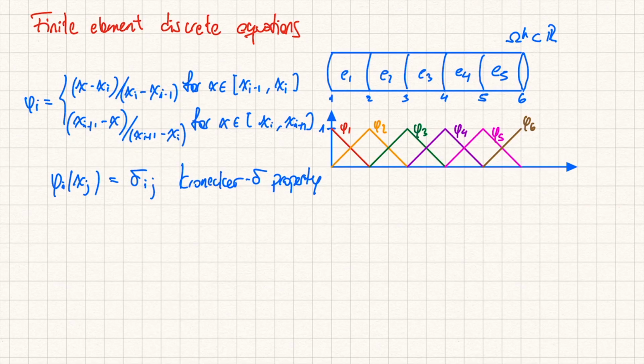All right, and indeed, someone mentioned partition of unity. Indeed, these functions form a partition of unity, which means that if you sum all of these functions in the domain, it's equal to 1, right? So we can say that the sum of phi I of x is equal to 1 in the whole domain, and this is the so-called partition of unity.